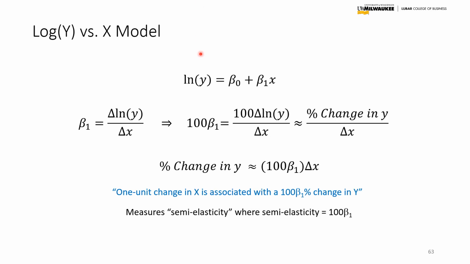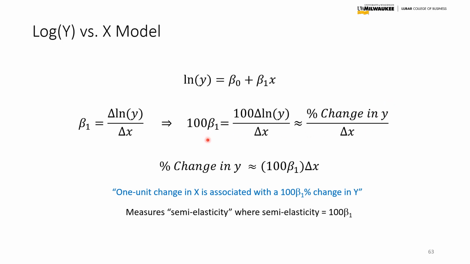What about logging the y but not the x? We can go through the same game. The beta 1 would be the change in log y over the change in x. I'll multiply by 100. This will give the top part here being percentage change in y over change in x, and we have 100 beta 1 over here.